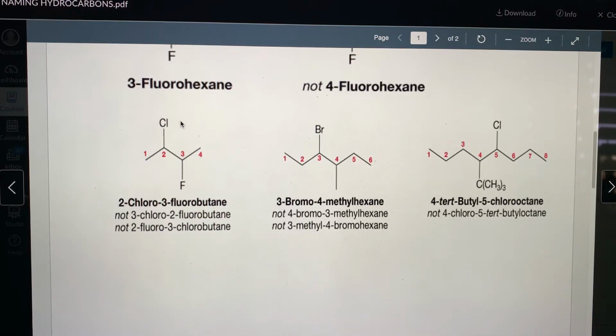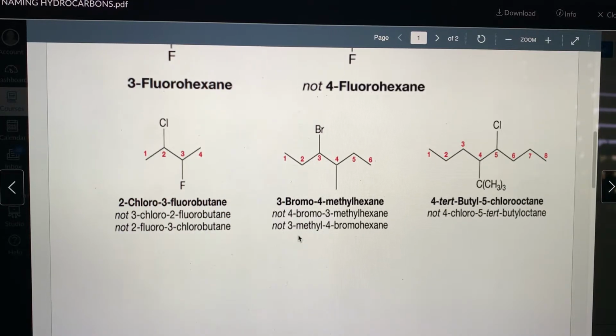Then alphabetical order comes into play, and that's chloro. C comes before F. That's why you go from left to right. So that gives you 2-chloro-3-fluorobutane. But if you mix it up any other way, it will not be correct.